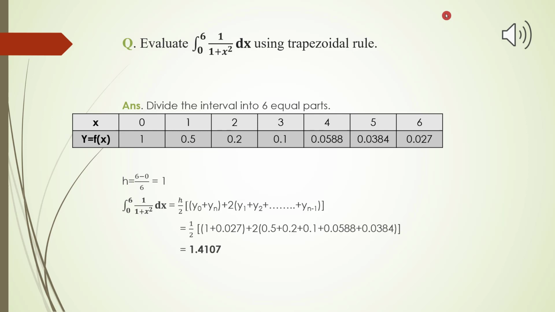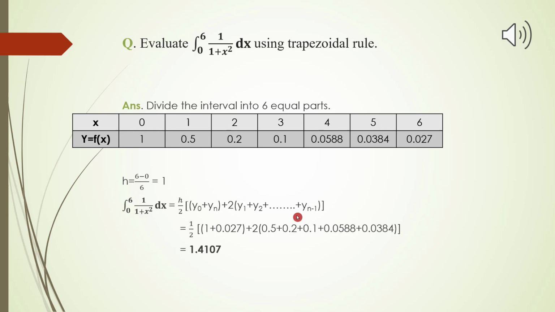Hence we substitute the values of y in the trapezoidal rule formula, that is h by 2 into y0 plus yn plus 2 into y1 plus y2 plus and so on, plus yn minus 1. Here y0 is the value of y at x equal to 0 and y1 is the value of y at x equal to 1.